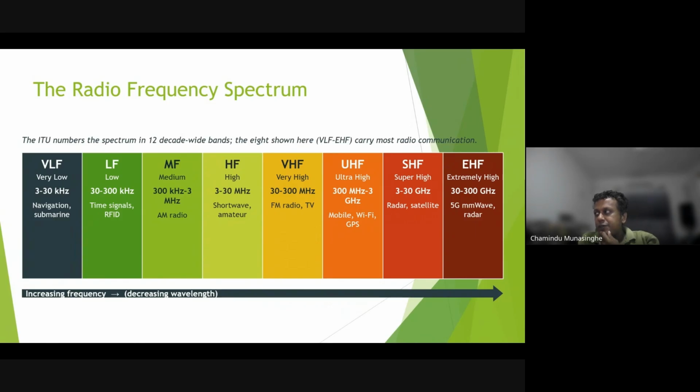That's why 5G uses very high frequencies, and you get very high data rates on these 5G frequencies. You can't do the same on low frequencies. That's something for you to study on your own. So, this is the RF frequency spectrum.